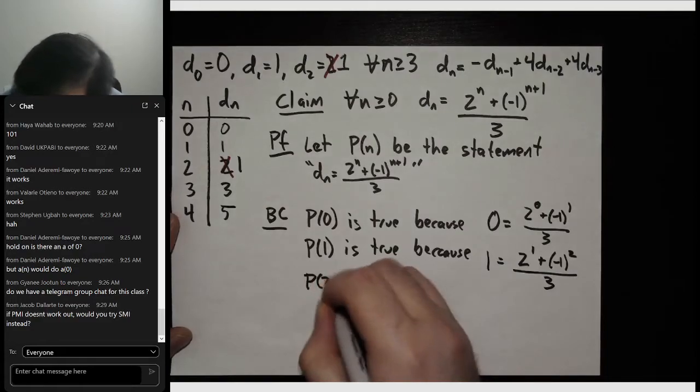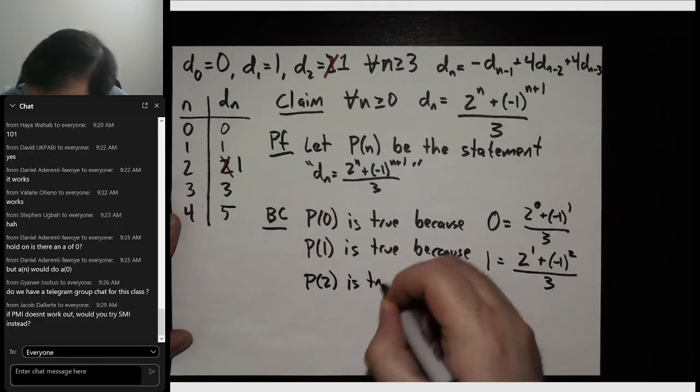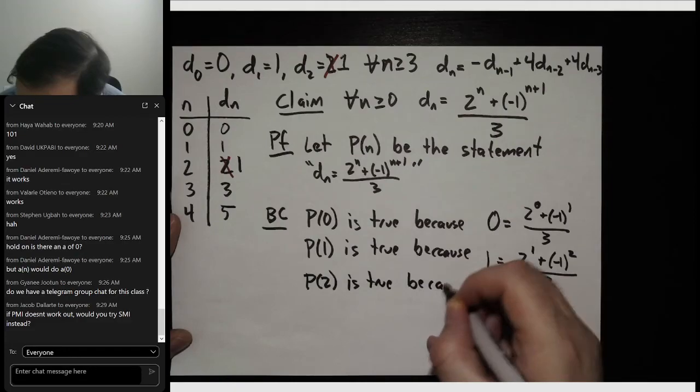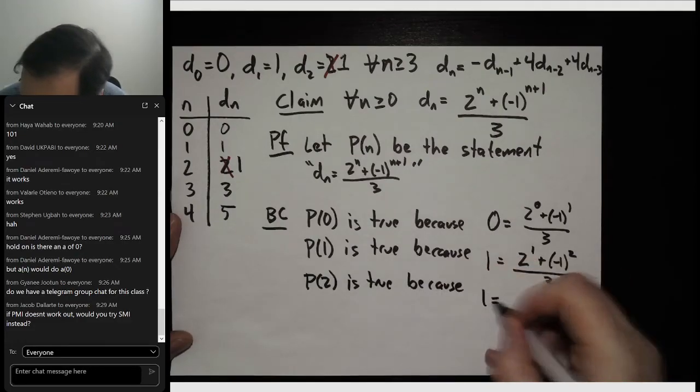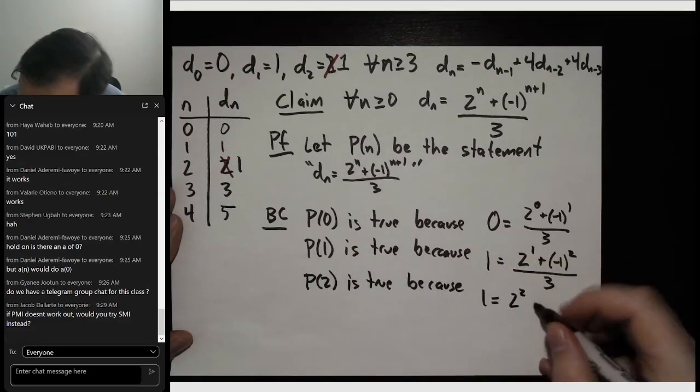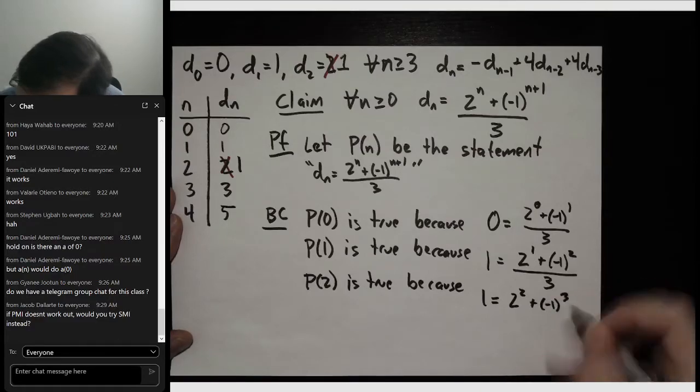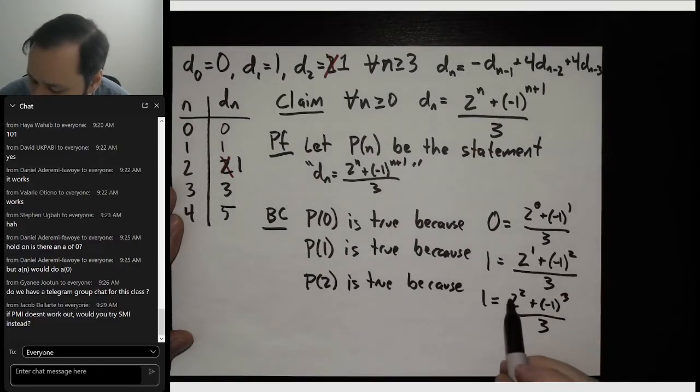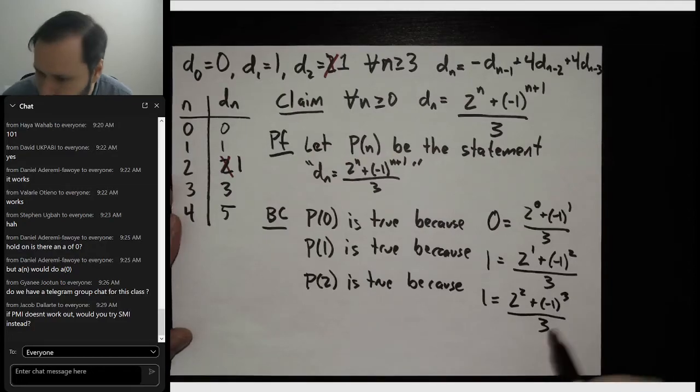And I need P of 2. P of 2 is true because 1 is also equal to 2 squared plus negative 1 cubed over 3. That's 4 minus 1 divided by 3.